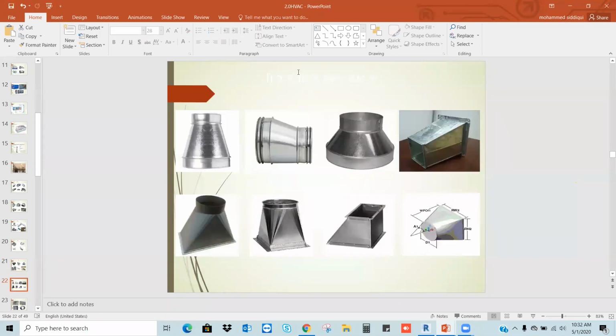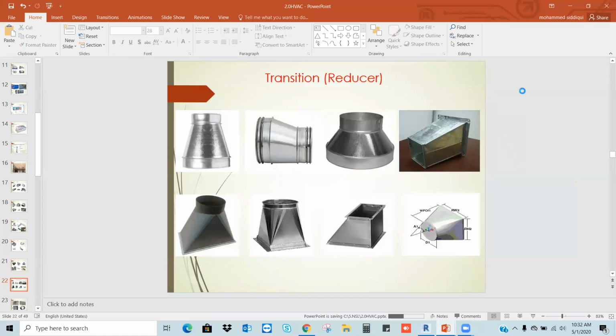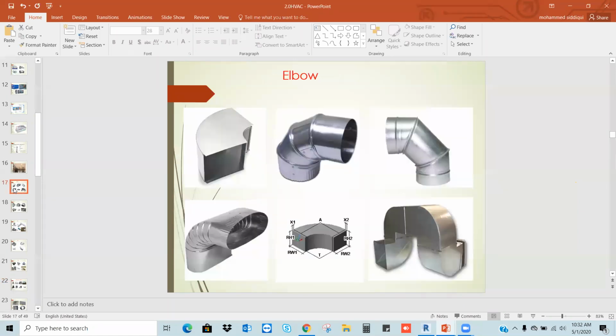Okay, different kinds of reducers or transitions. Okay, see round to round, rectangle to rectangle, rectangle to round. Again, if you see this, concentric and eccentric. So these kinds of fittings also we will use in the air conditioning system.